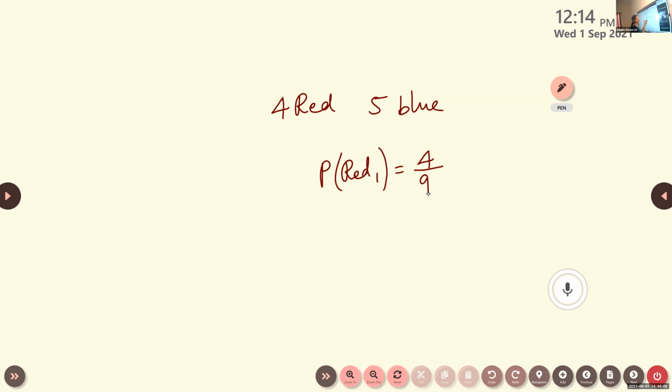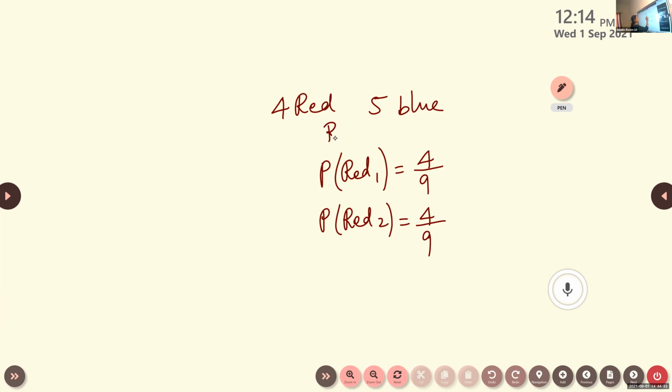After taking the ball, I'm replacing it again. So what is the probability of selecting the second red ball? After selecting the red ball, I am keeping it once again inside the bag. Now, what is the probability of selecting the second red ball? That is again 4 by 9, isn't it?